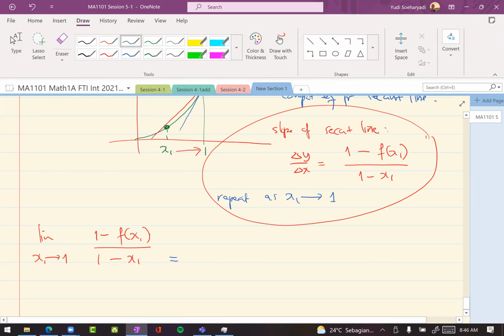This is 1 minus x squared over 1 minus x, so this is the limit as x goes to 1. All right, so that's easy. What's the limit? How do we compute this limit?